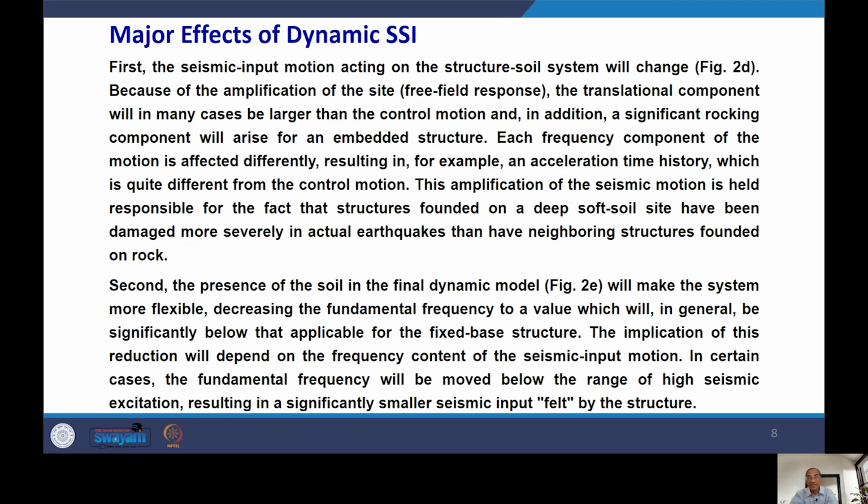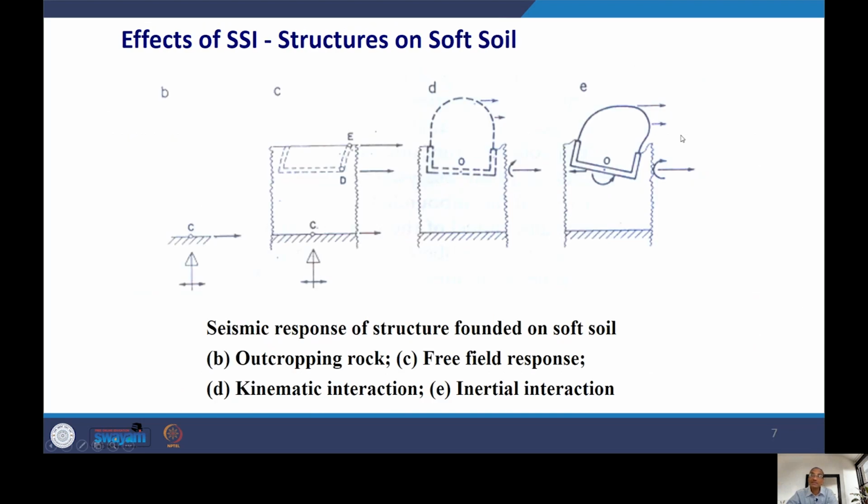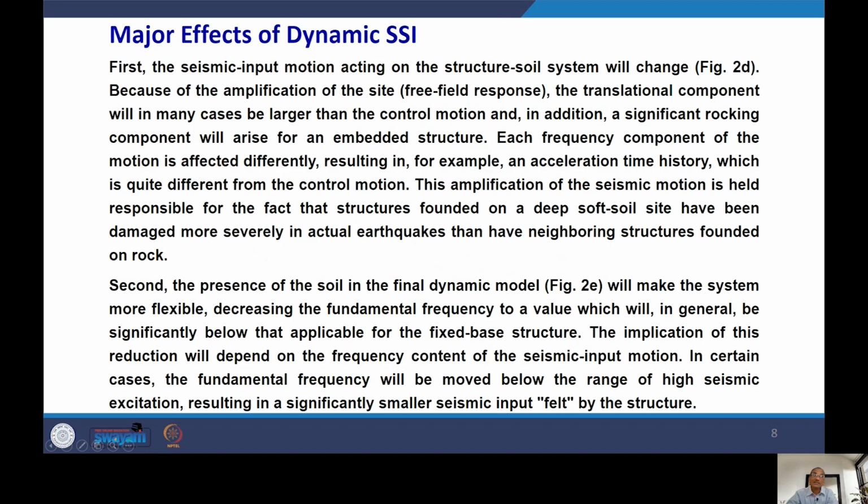Okay. The second effect is the presence of soil in the final dynamic model, which is your figure 2E in this case, where you consider the structure along with its inertia. In that case, the presence of the soil will make the system more flexible, because soil is flexible compared to the structure.